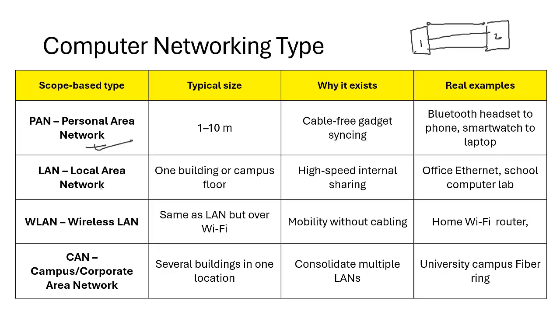Then we have a LAN. What is a LAN? We have an office. Within the office we have a switch, which we're going to discuss in a further slide, and we have systems connected to that switch. System A can only communicate with the systems within that network, and it cannot communicate outside the organization. That network is called a LAN. It is the same as when you go to a hotel and dial an extension number.